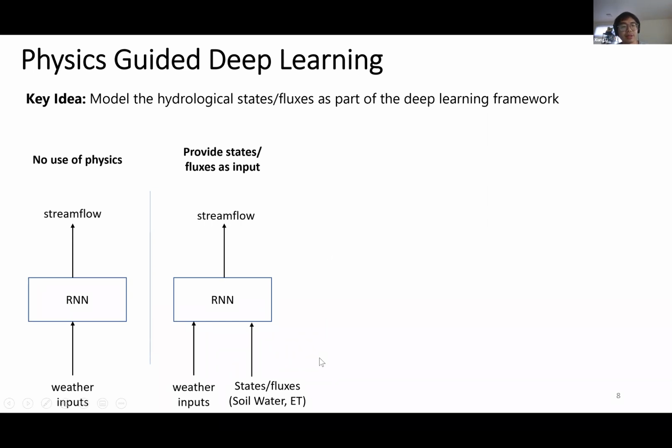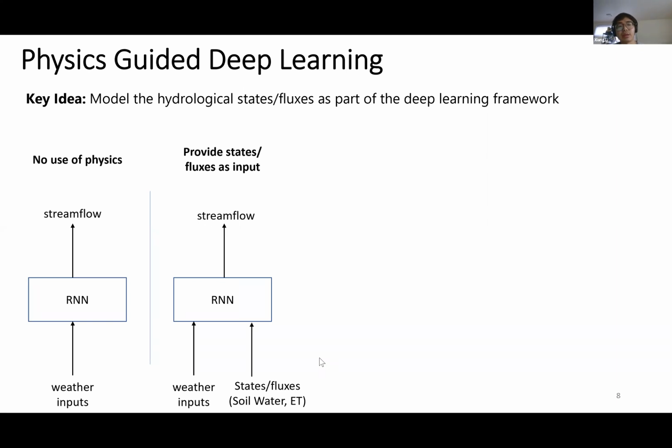If we don't know any physics, we just feed the model with the weather variables, and the output of the RNN, in this case the recurrent neural network, is the stream flow. It's like a black box. You just feed in the weather data, and the model itself will know how to deal with it.